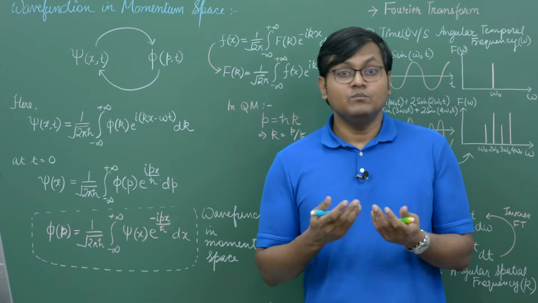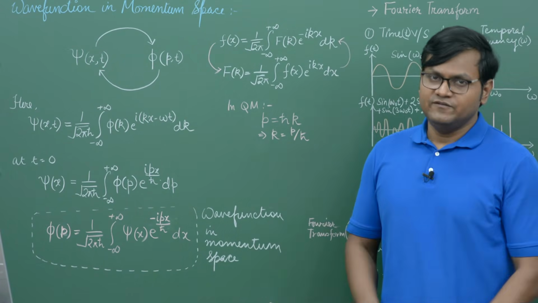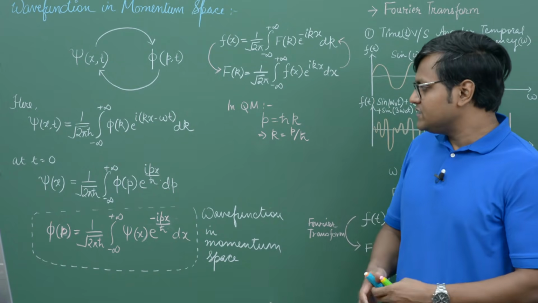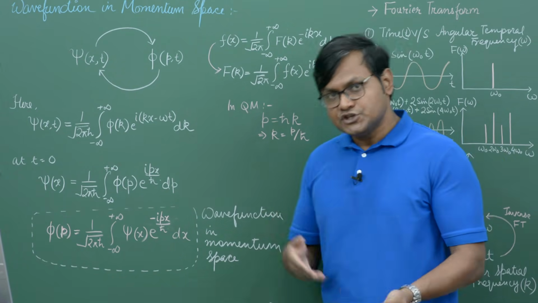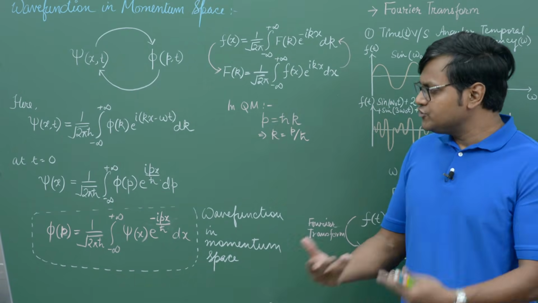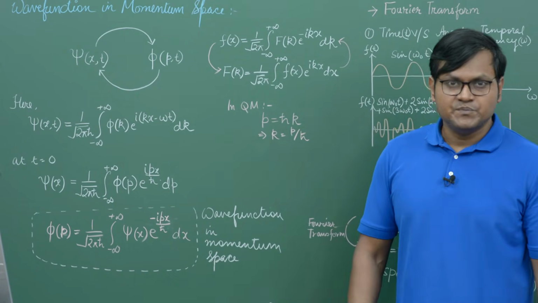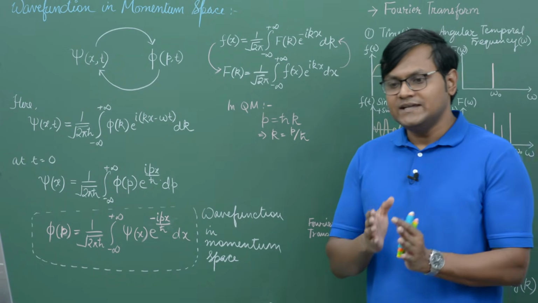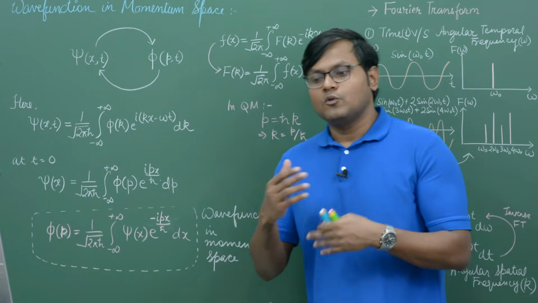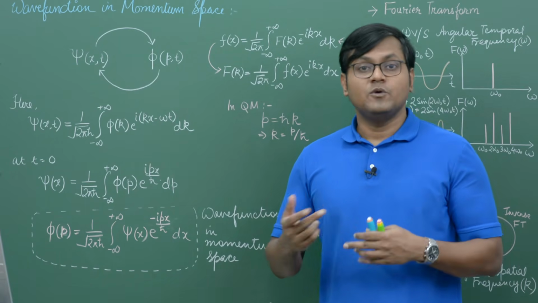We do not know its exact momentum, but we have a function that contains all that information. So we can analyze the system either by looking at the function in terms of position space, or we can also analyze the system by looking at the function in terms of momentum space, because even this function has the capacity to provide us information about the probability distribution and other quantities like expectation values of position, momenta, etc.